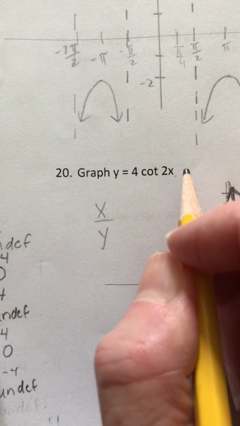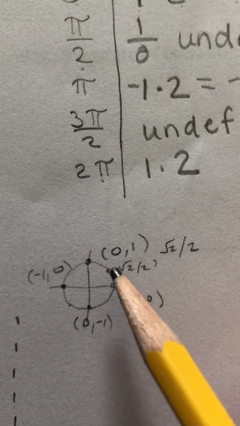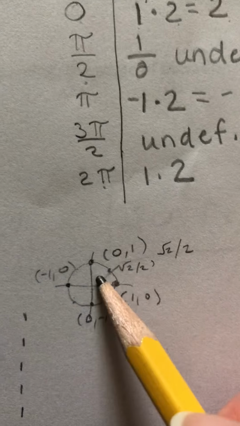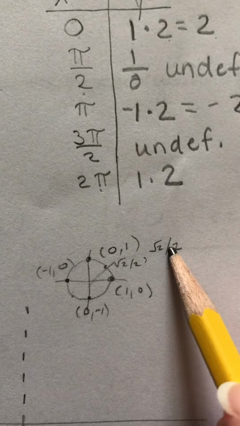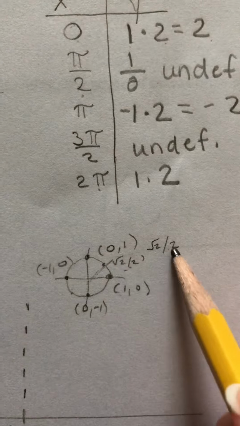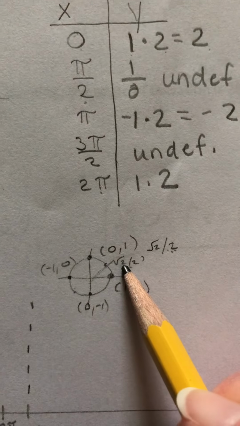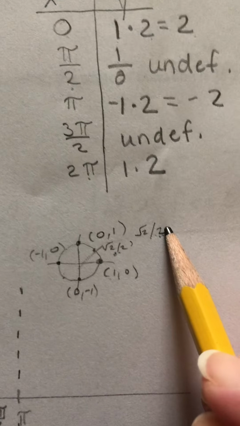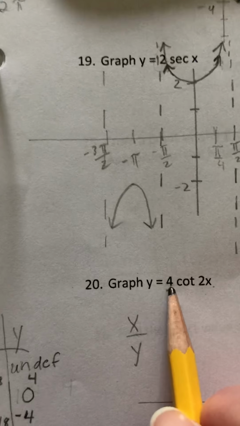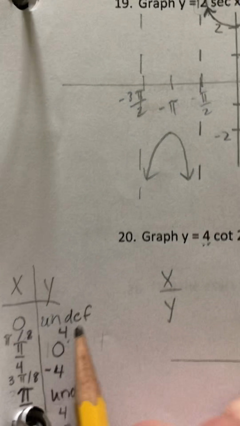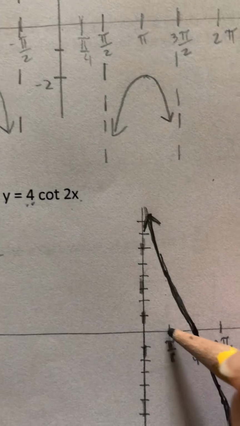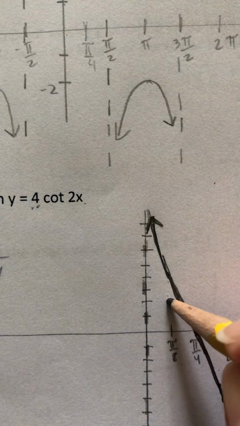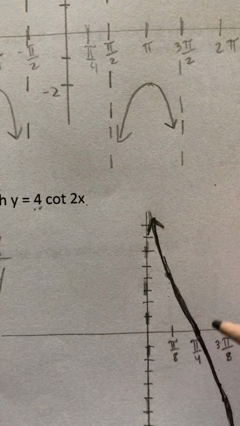And so you want to go to your unit circle, and going to pi over 4, it's right here. And the tangent is going to be this divided by this. The cotangent will be this divided by this, will be 1, but then we need to multiply it by the amplitude, which is 4. So at pi over 8, I go up 1, 2, 3, 4.